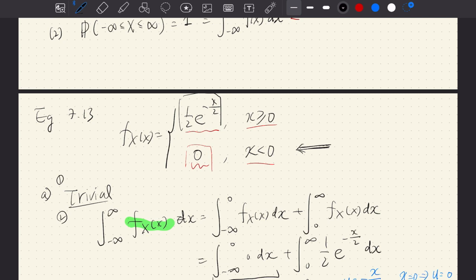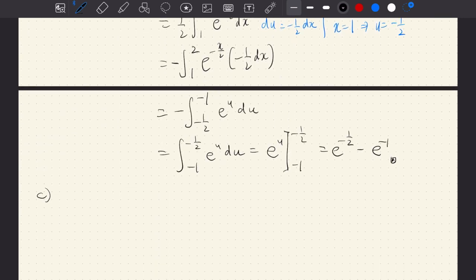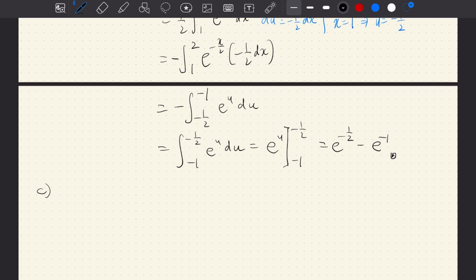So when we're saying that the probability of a customer waiting less than 1 minute, actually we're implying that the customer is waiting between 0 minutes and 1 minute. So actually what we want is the probability of 0 less than or equal to x and less than or equal to 1, which can be evaluated using the same definition as this.